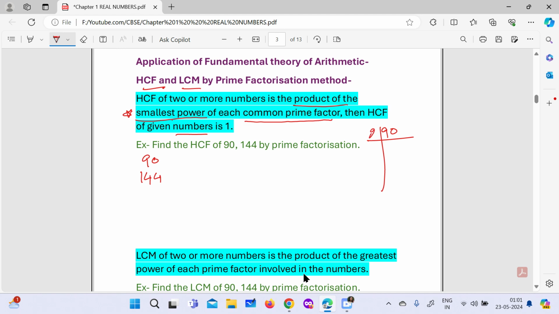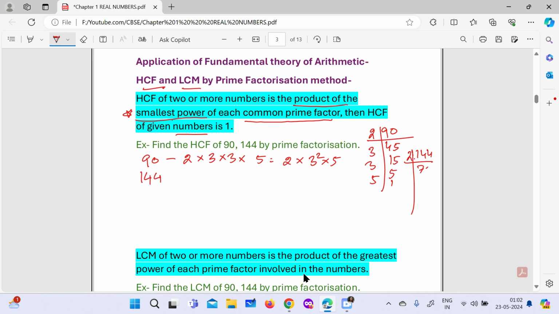This will be 2 times 45, then 3 times 15, then 3 times 5, and then 5 times 1. So we write it as 2 times 3 times 3 times 5, which is 2 times 3 squared times 5. And now we will do it for 144.